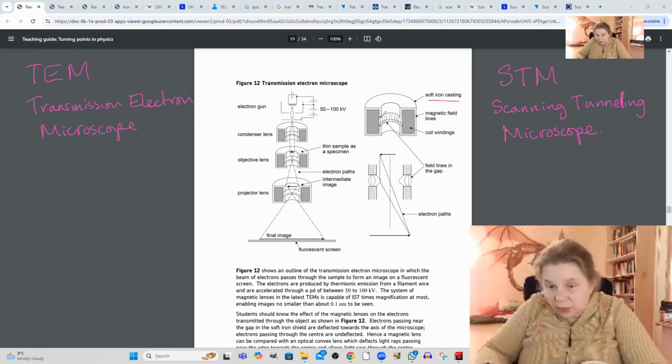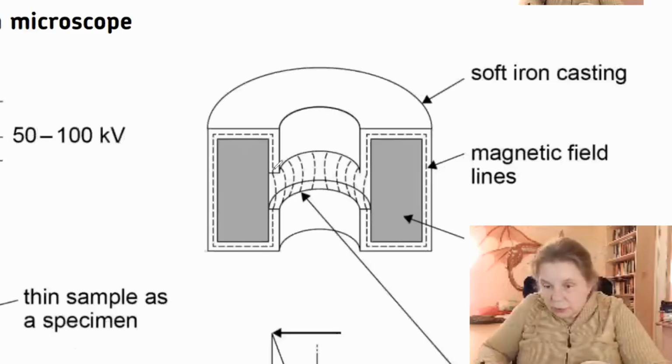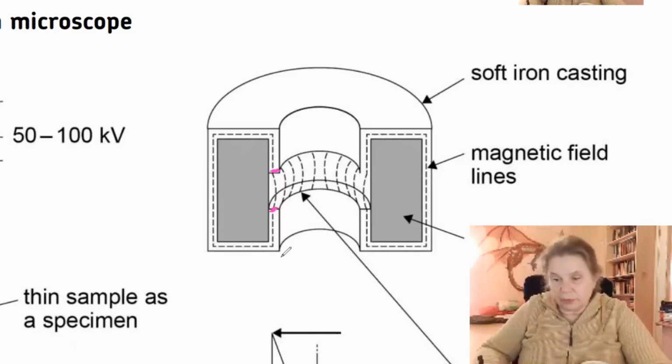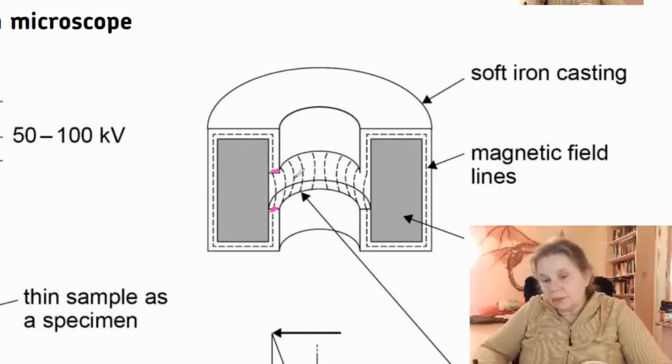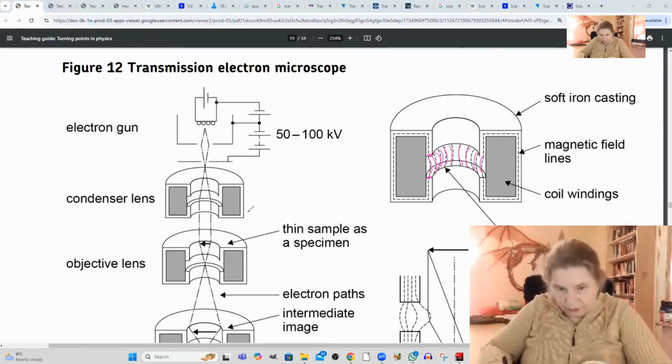Can you see between those two pink bits there's a gap in the casing, and can you see that the magnetic field indicated by the dotted lines escapes a bit, so you've got this sort of curved bit sticking out?